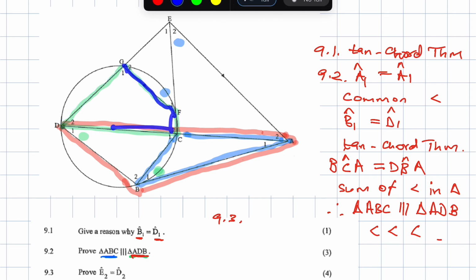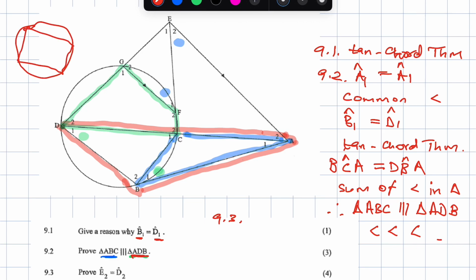And in a cyclic quad, we know that the exterior angle equals the opposite interior angle. Basically, we have a situation like this. So if this is a cyclic quad, then that exterior angle must be equal to the opposite interior angle. So that's the same thing here. Exterior angle, which is F1, must be equal to D2.